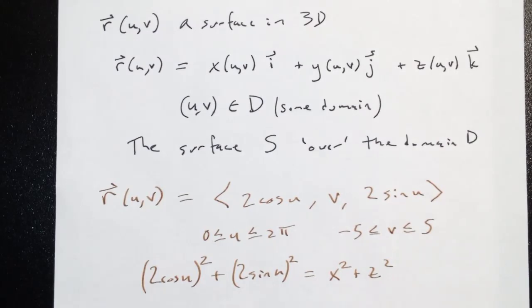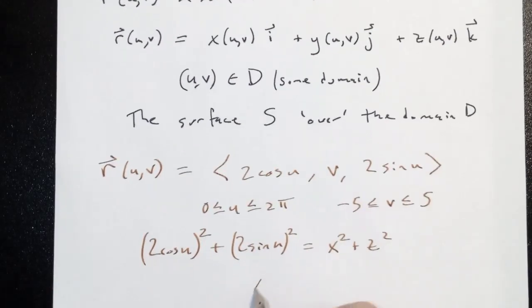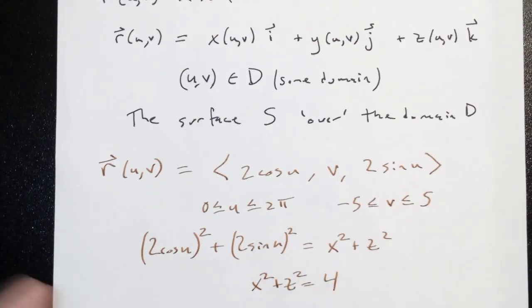Oh, so it's a circle in x and z, right? So it's a sideways circle. Along the xz axis, I have a circle. And as a matter of fact, this is a circle of radius 2, because it's x squared plus z squared equals 4.